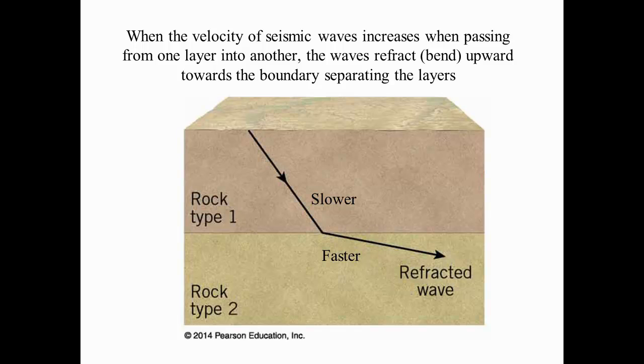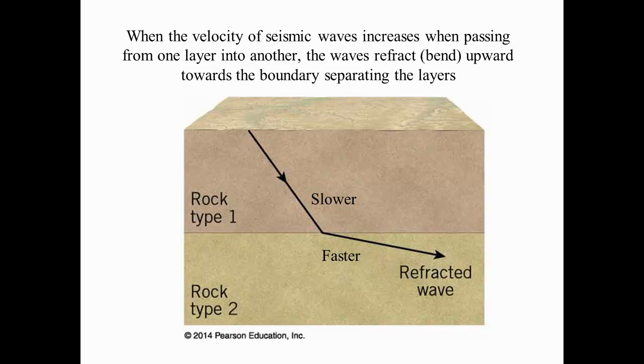Now, when the velocity of the seismic wave increases when passing from one layer into another, the waves will refract or bend upward towards the boundary separating the two layers. So in this particular example, the seismic waves speed up, increase in velocity when passing from rock layer 1 to rock layer 2, and as a result, the refracted wave bends upward.